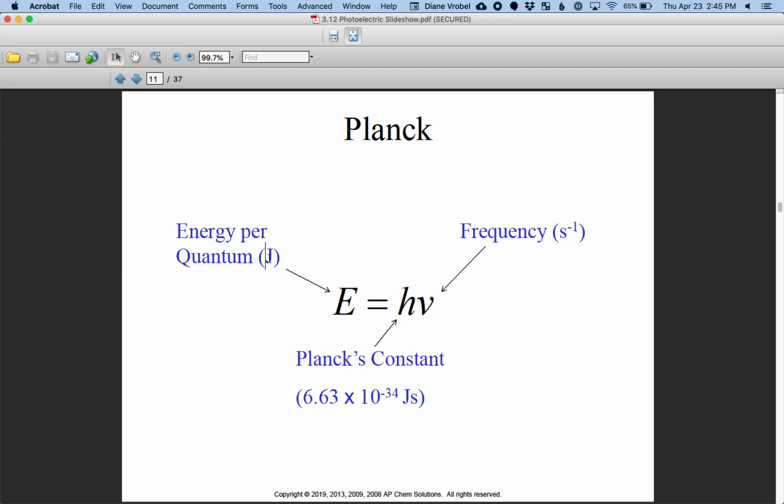Notice that energy is expressed in joules. Planck's constant is joules times second, and the other component is frequency. You cannot use wavelength in this equation. So if they give you wavelength, you have to convert that to frequency first before plugging it in this equation.